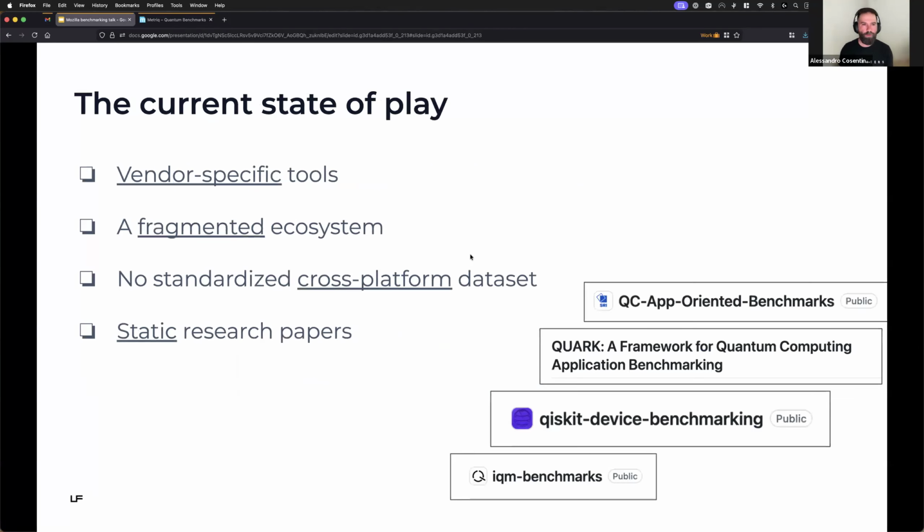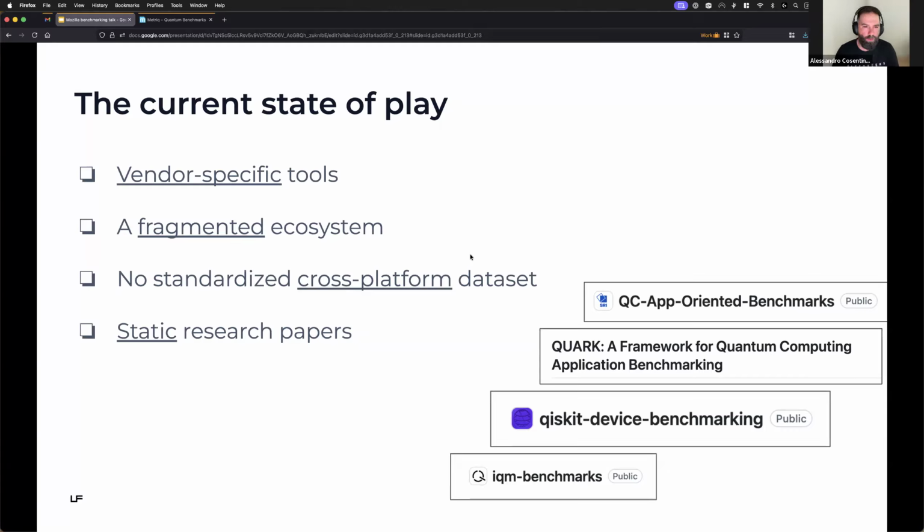So it doesn't mean that nobody does benchmarking in quantum because of this challenge. Quite the opposite. It's a very alive field. It's a very hot topic right now. There are lots of vendor-specific tools.